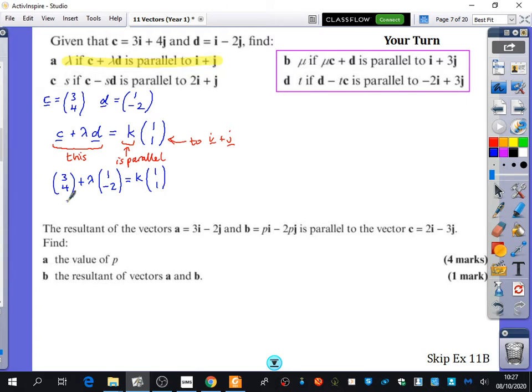So I'm going to write this as one single vector. This top part is going to be 3 plus lambda times 1, which is just 3 plus lambda. What would the bottom part be? 4 minus 2 lambda. And that is going to be equal to k.